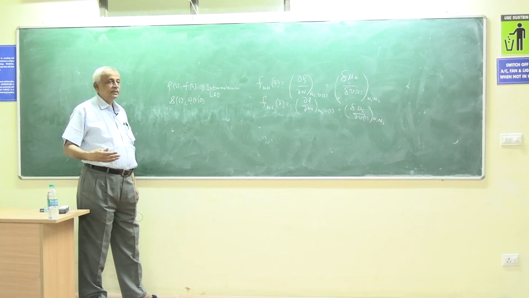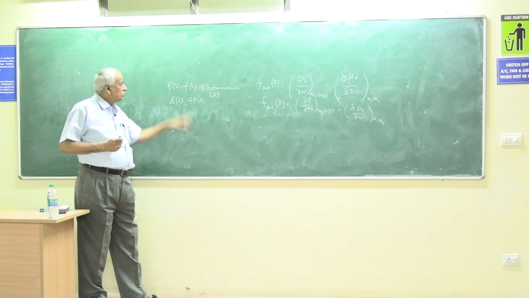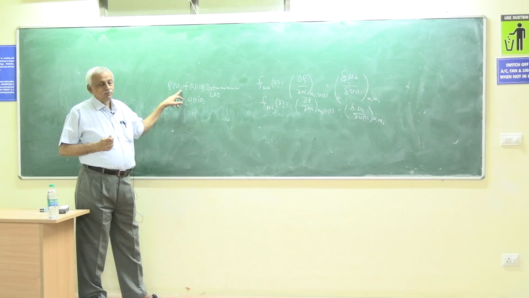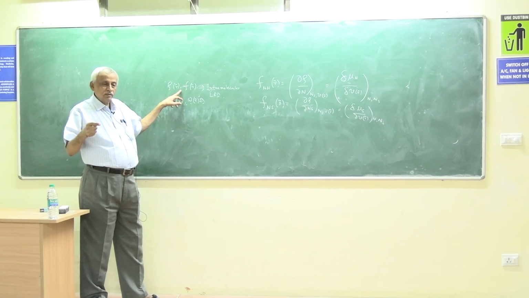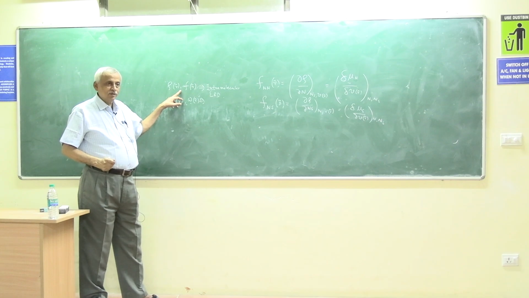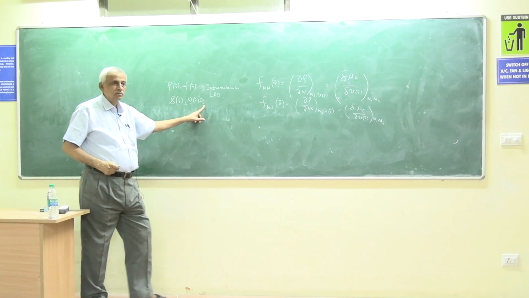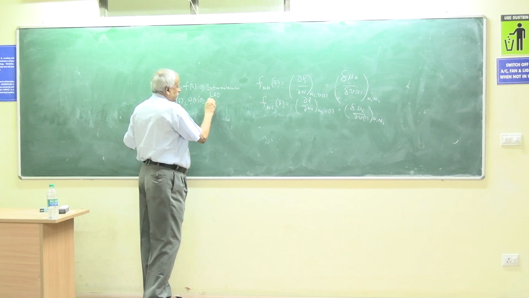If you want to compare the reactivity of NO with N2O, N2O3, N2O5, and so on, NO2, you cannot use these. So, within one molecule you can tell the reactivity of nitrogen and the reactivity of oxygen, how do they compare? But if you want to compare the reactivity of nitrogen with the reactivity of nitrogen in another molecule, you have to go for this. They are called intermolecular local reactivity descriptors.